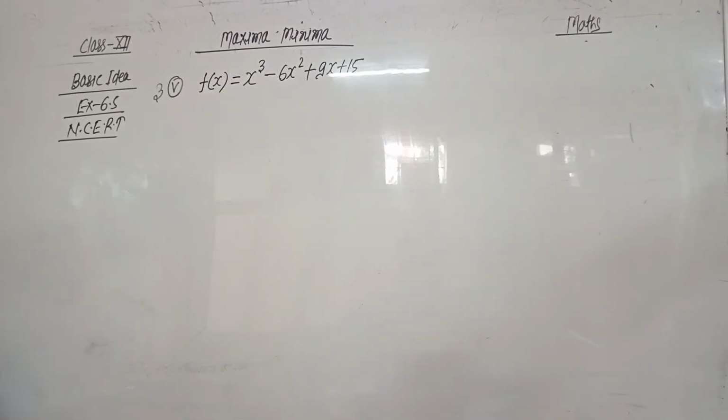This is the function f(x) equals to x cube minus 6x square plus 9x plus 50.